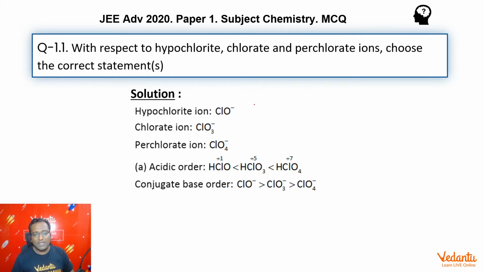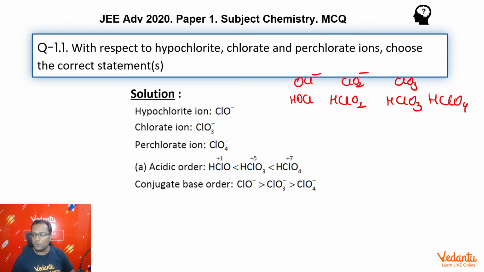Now, if we want to talk about the basic strength of ClO minus, we'll have to talk about the acidic strength of their conjugate acids, right? So HOCl, HClO2, HClO3 and HClO4 are the conjugate acids of OCl minus, ClO2 minus, ClO3 minus and ClO4 minus.